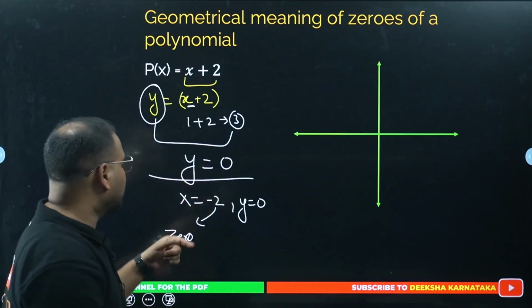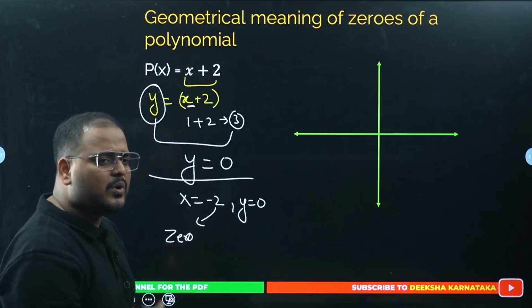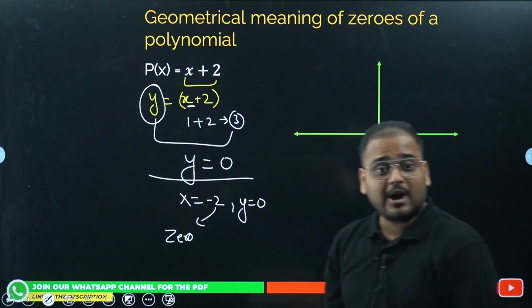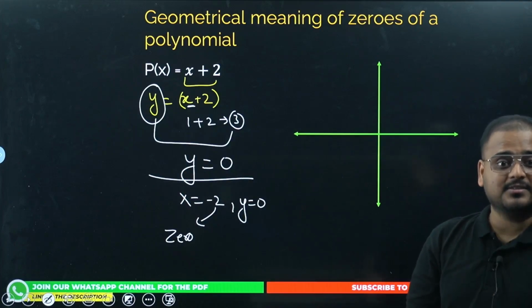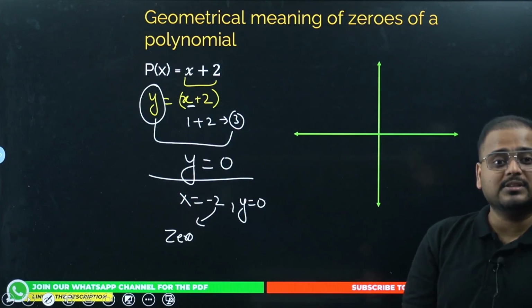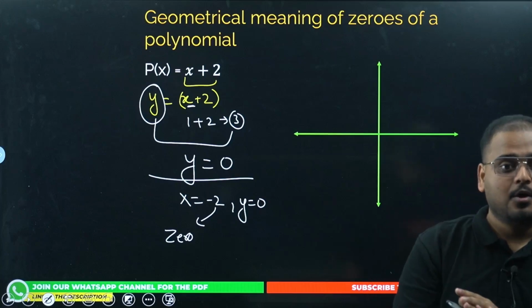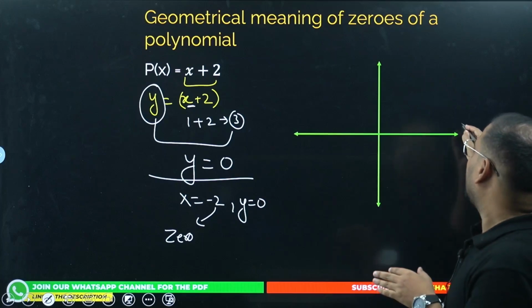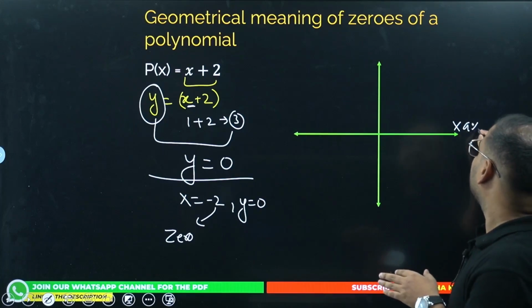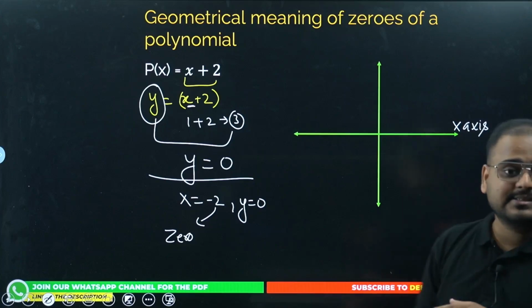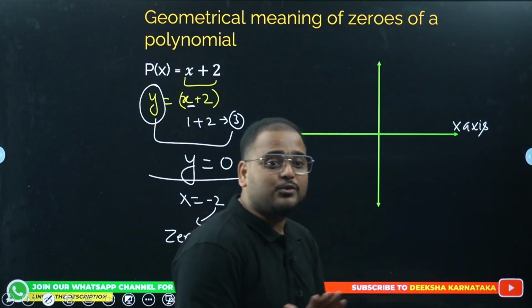Now the graphical part. What is the meaning of y equal to 0? If you have learned coordinates, y equal to 0 is nothing but a line. What line? The x-axis. The x-axis is my y equal to 0 line.